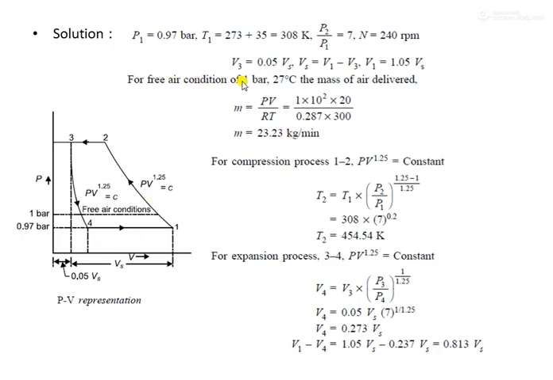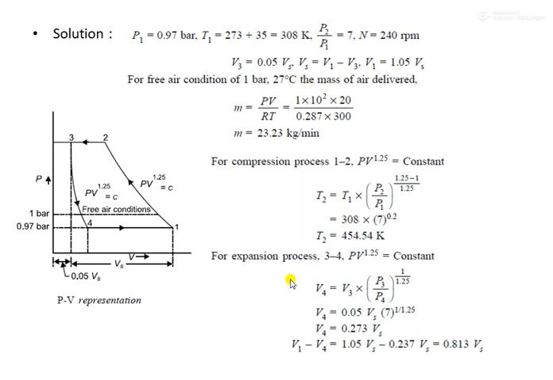Just see that initially the free air conditions were given, that is at 1 bar and 27 degrees centigrade. So 27 plus 273 comes out to be 300 Kelvin.